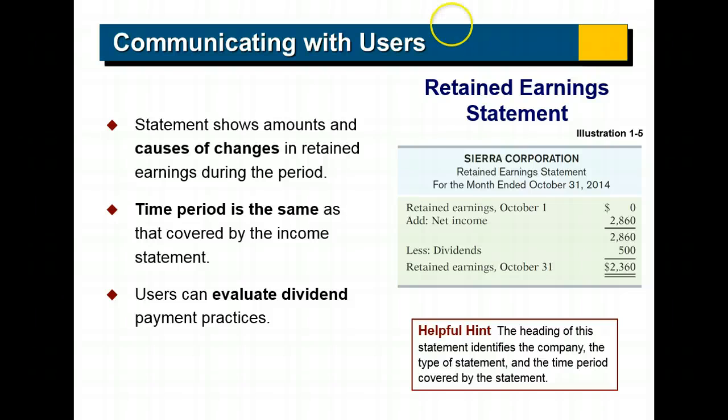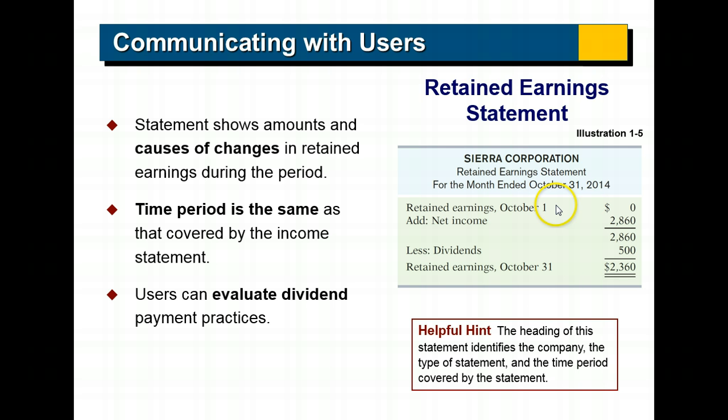Now, this retained earnings section shows the changes that happen during the period, what it starts the period with, what it adds to the period, and what it subtracts from the period.